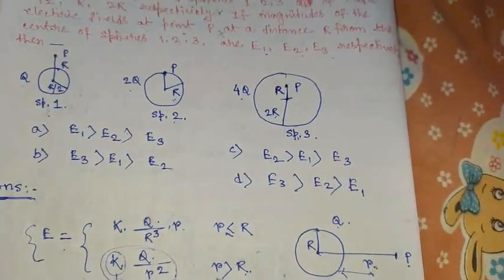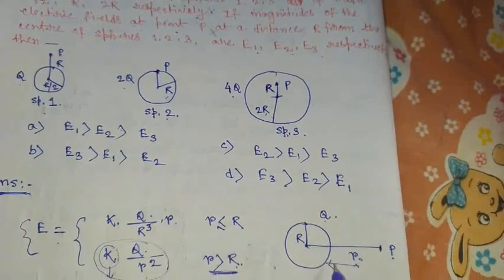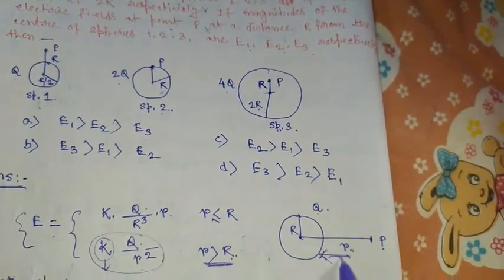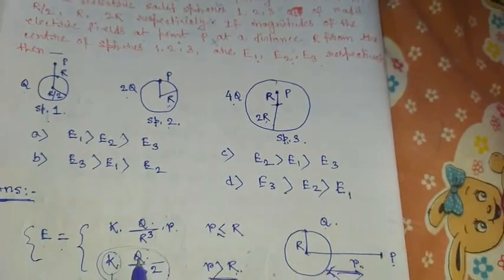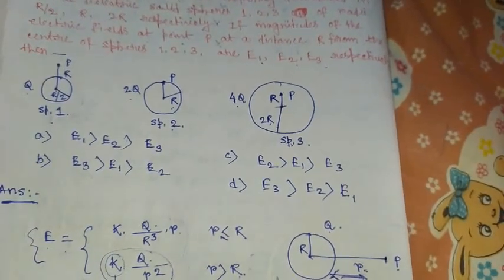So for the region outside the sphere, the electric field is given by the Q by r square relation.